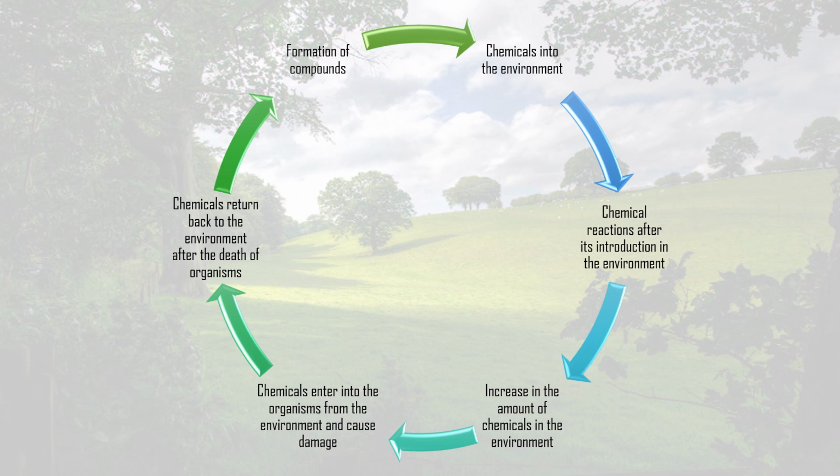If there is an increase in the amount of chemicals in the environment, then the chemicals will enter the bodies of organisms like us, plants and animals, and everything in large amounts will cause problems. This will also cause damage to our tissue cells and eventually lead to death. After death, the chemicals return back to the environment, from which there will be a new beginning of the cycle where again the formation of compounds takes place, and so on.